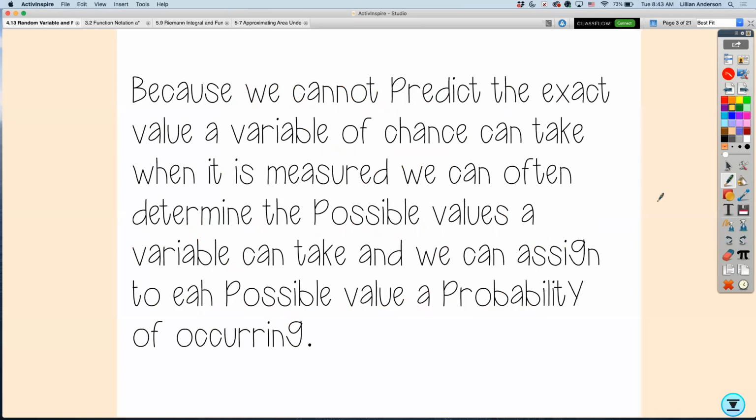However, because we cannot predict the exact value that a variable of chance can take when it is measured, we can often determine the possible values that a variable can take. And we can assign to each possible value a probability of that particular instance occurring, okay?